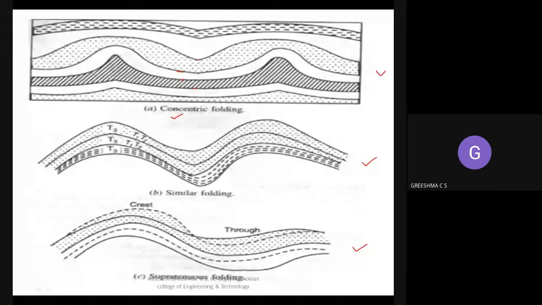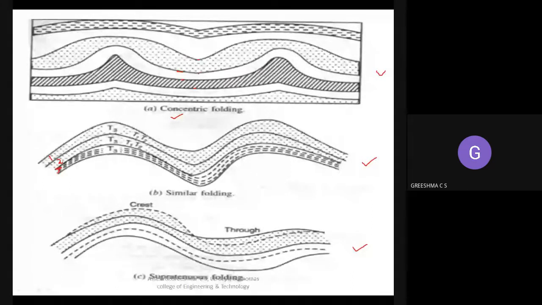For example, here you can see three depths. This is the first depth of this rock. This is another depth, we can indicate it as T2. This is another depth, T3. All these three strata will remain the same.